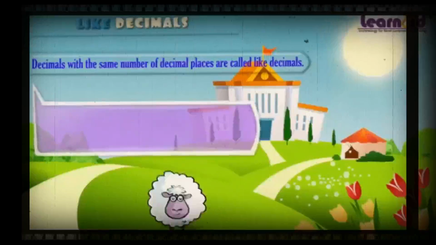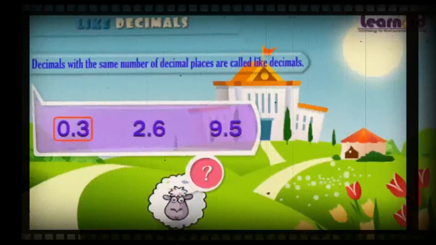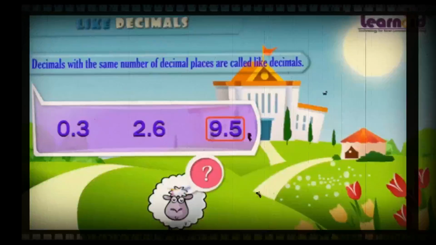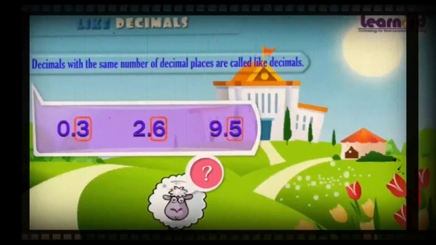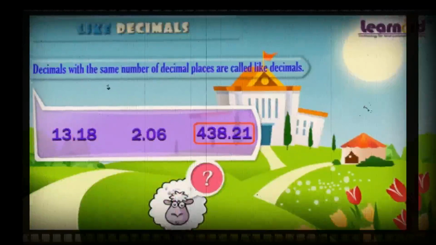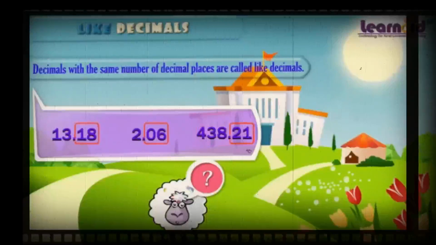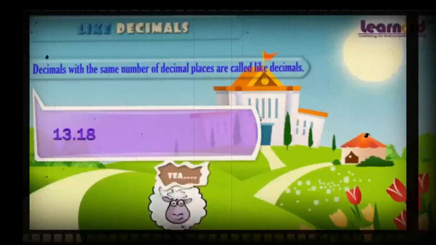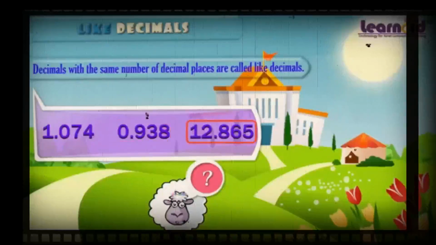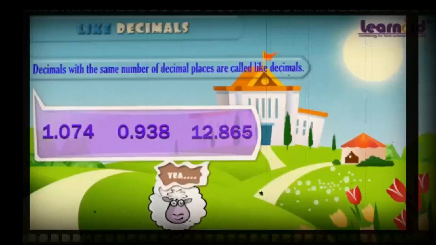For example, 0.3, 2.6, 9.5 are having one decimal place in each number. 13.18, 2.06, 438.21, two decimal places in each number. 1.074, 0.938, 12.865, three decimal places in each number. These are called like decimals.